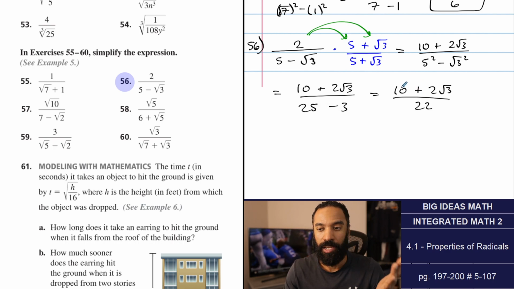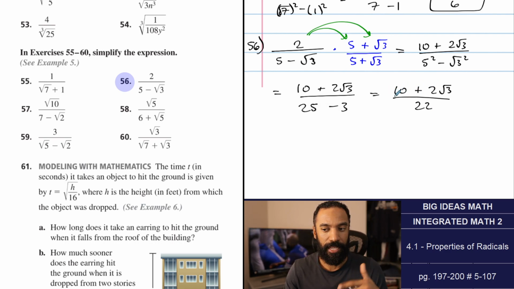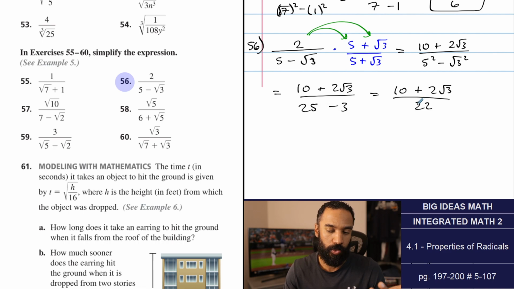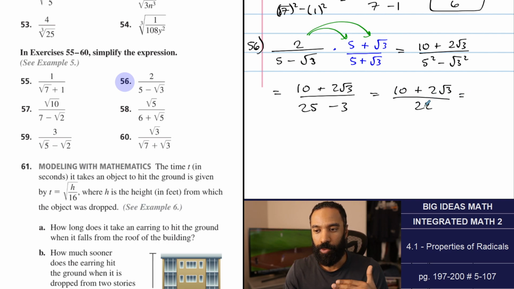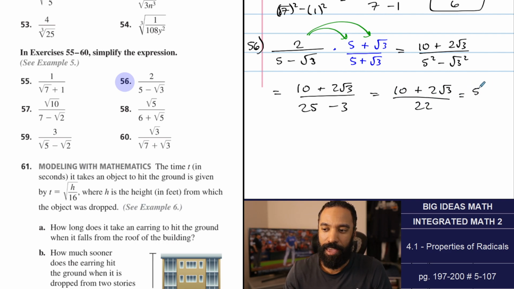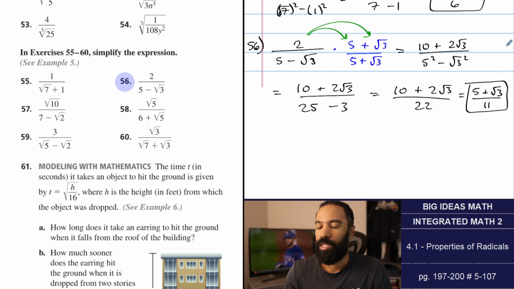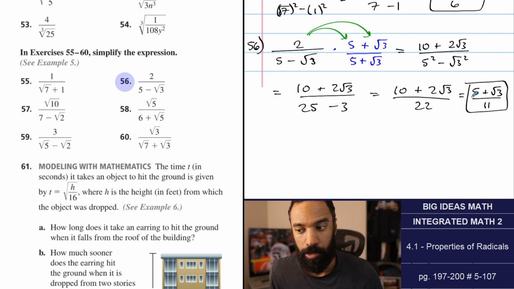This is kind of how you need to say it. 2 is a common factor on top, and then the common factor divides and reduces with the one down below. These can all divide by 2, and that's what we're going to do. 10 is divided by 2, 22 is divided by 2, 2 root 3 is divided by 2. We are left with 5 plus 1 times the square root of 3 all over 11. This is the final answer. Not this, but this here.